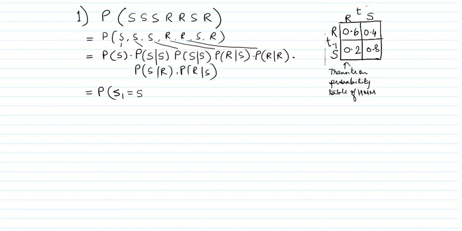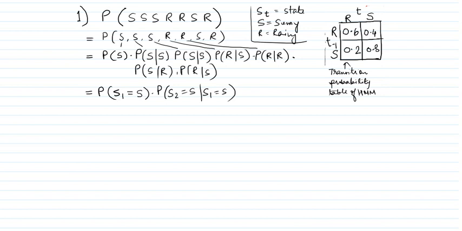So S i, or S t, is a state here, and S is equal to sunny and R is equal to rainy. So S1 is equal to S, then probability of S2 is equal to S given S1 is equal to S.